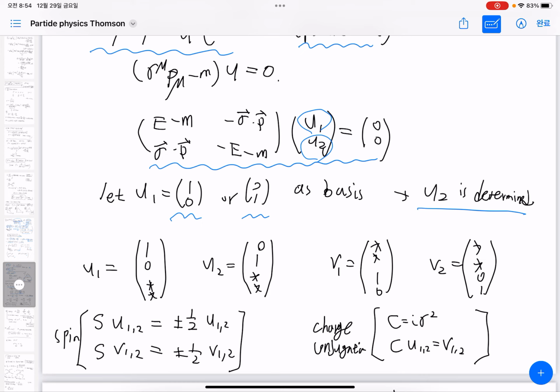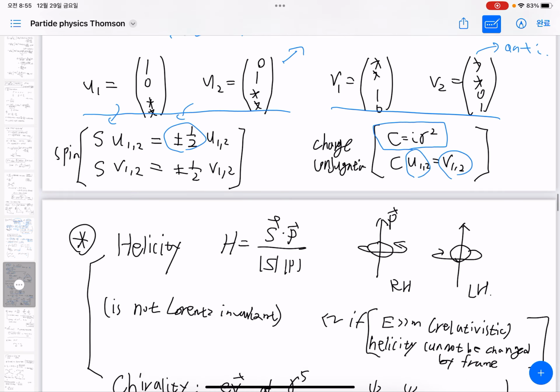So there are some very typical Dirac equation solutions, like u1 and u2 for the matter, and v1 and v2 for the antimatter. Each of u1 and u2 is actually a spin eigenstate, spin up and spin down, and also for v1 and v2. And by charge conjugation applied with the gamma matrix, we can swap between u and v, matter and antimatter.